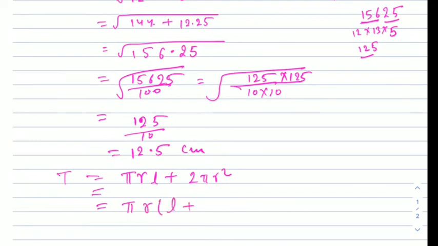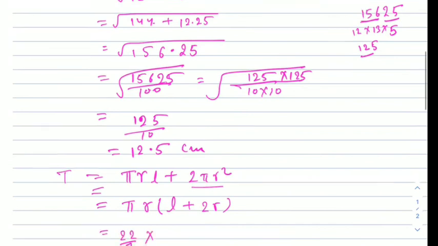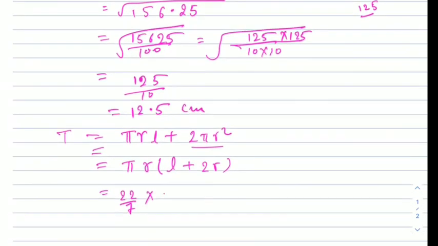It remains l plus 2 r. Now pi is 22 upon 7, into r, value of r is 3.5, into l, value of l is 12.5, plus 2 into r, 3.5.